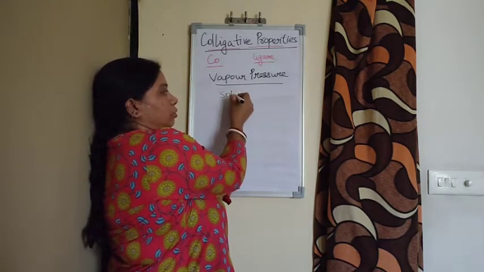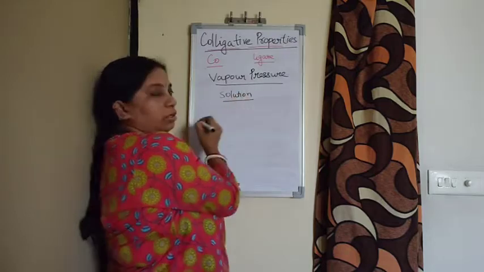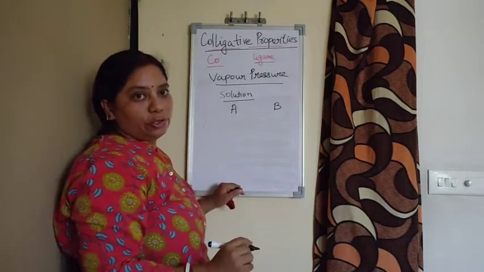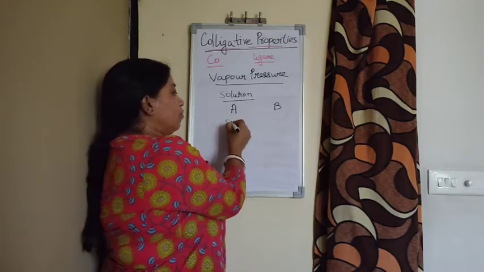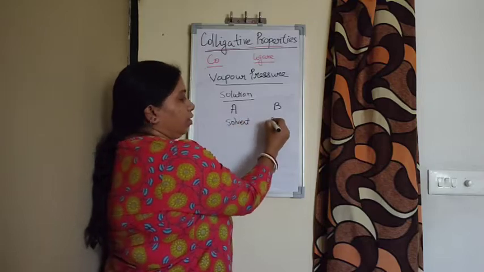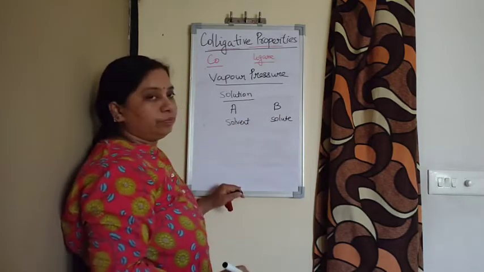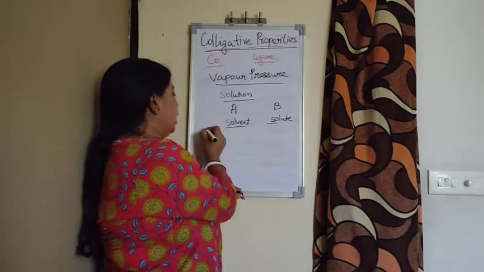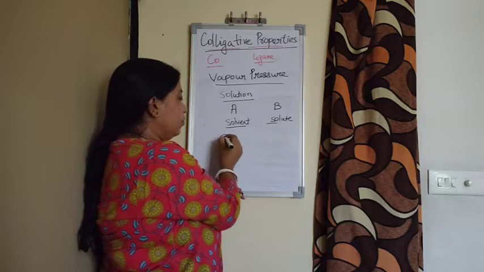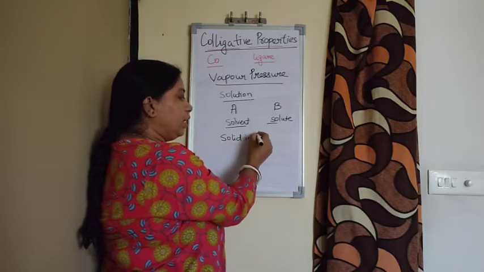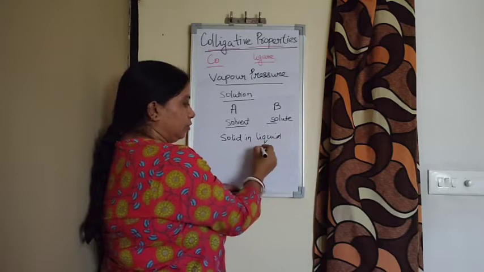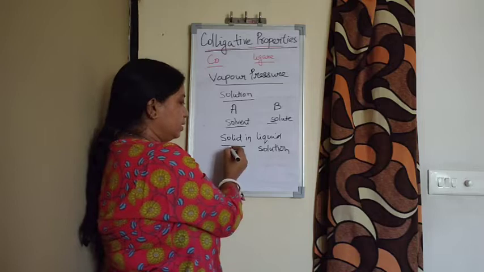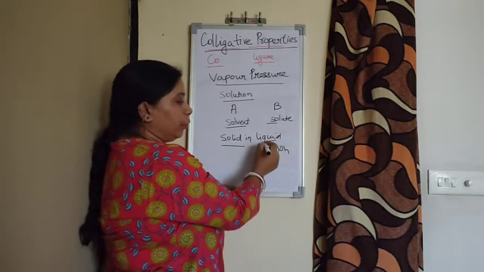Now suppose we have a solution in which we have two components. We know that always in a solution we have two components: one is solvent and another is solute. Now when we are talking about relative lowering of vapor pressure, we are taking solid in liquid solutions, meaning the solid is the solute and the liquid is the solvent.